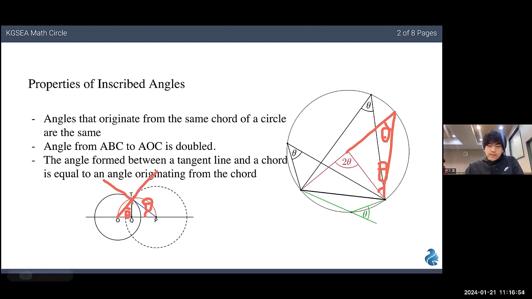And if we extend TQ, then the angle that's formed between TP and TQ, namely theta 2, is going to be the same as this theta 2. Hence, we have the proof.